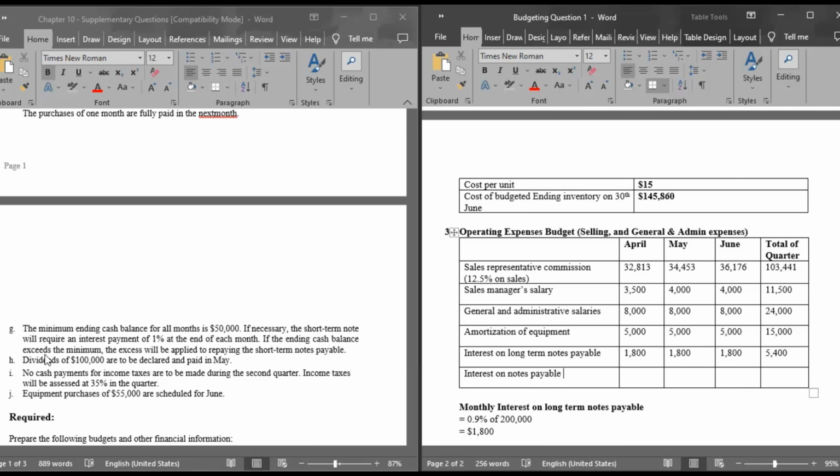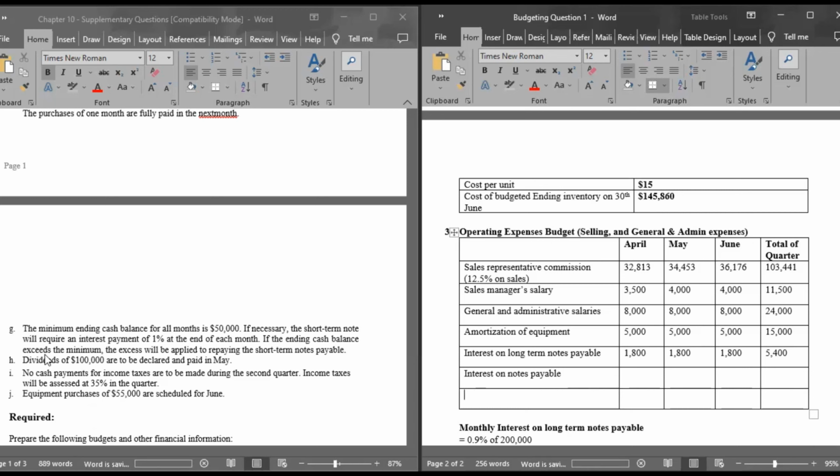Then we will know how short we are of the 50,000 balance and how much we need to borrow. When we know the amount we need to borrow as a short-term note, we can calculate the amount of interest. So for the time being, I am leaving interest on notes payable blank. When we prepare the cash budget, we can place that value.